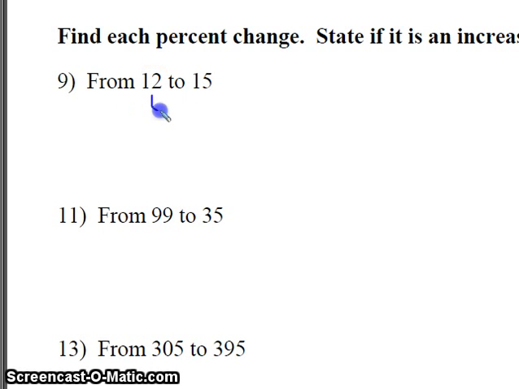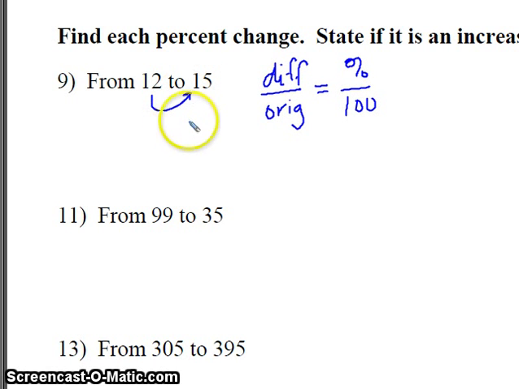If we're going from 12 to 15, this is definitely an increase. If you remember from your notes, you're going to take the difference of the numbers over the original number and set that equal to the percent over 100. So the difference between the numbers is 3. The original number is 12, and we are trying to figure out the percent, so we'll let that be x and put that over 100.